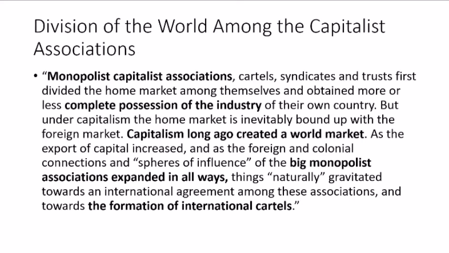But after that's done, the next stage is to carve up the foreign market, aka the whole world, right? Because now we're exporting our capital around. A lot of this has to do with, obviously, the colonial legacy of all these countries. And naturally, the big monopolists want to get in on the action, right?